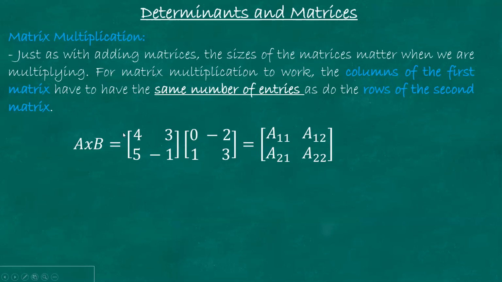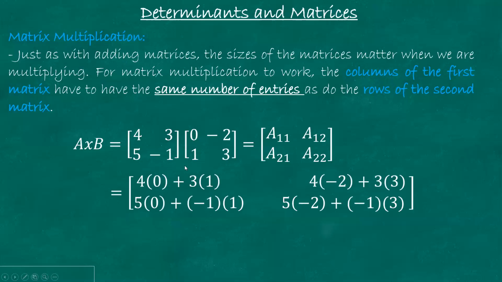So, first row, first column: 4 times 0, plus 3 times 1. Then first row, second column: multiply 4 times negative 2, and 3 times 3.